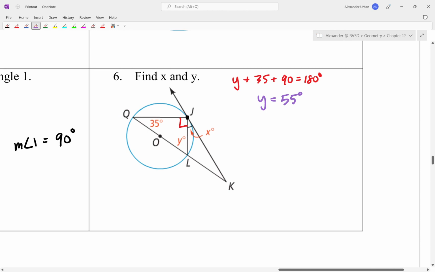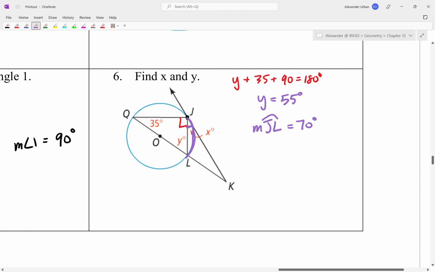Now, there's a multitude of ways that we can figure this out, but what I want to share with you guys is that angle Q right here has an arc right here. And this arc measure from J to L is actually 70 degrees because it's double of angle Q. What I want you to notice is that angle J shares the same arc.